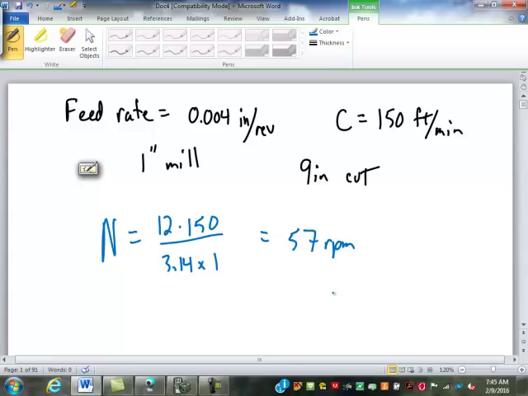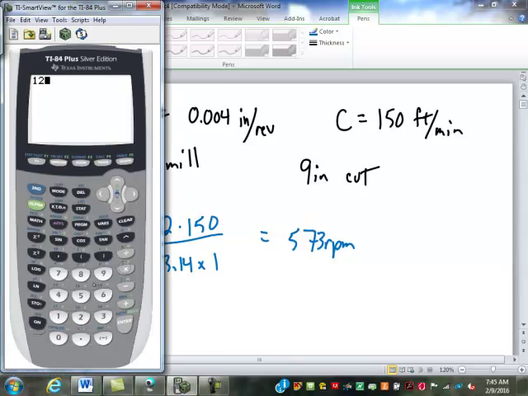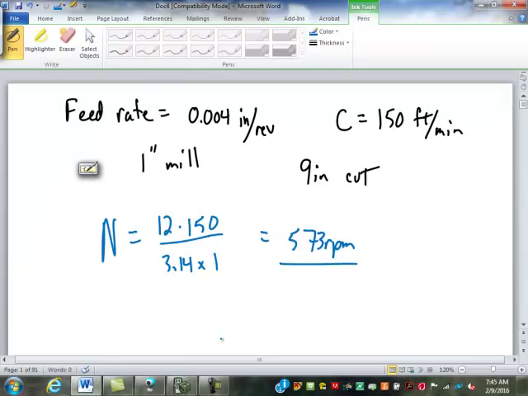It's kind of slow. You got 573. Let's take a peek. Yep, 573.2, so there's a decimal point off there. So 573. Yep, somewhere.